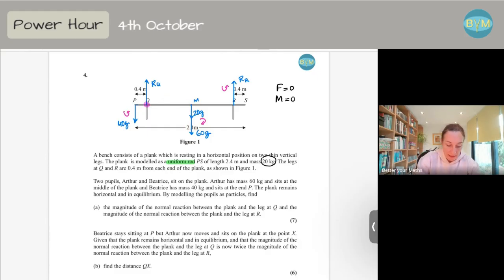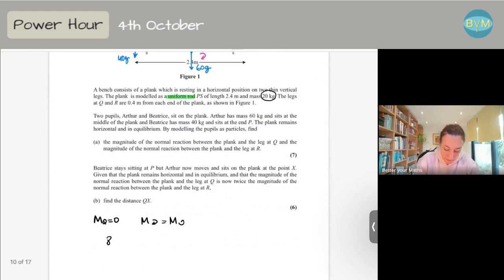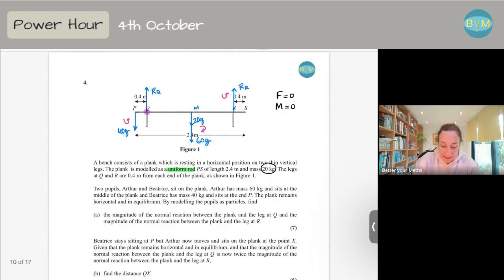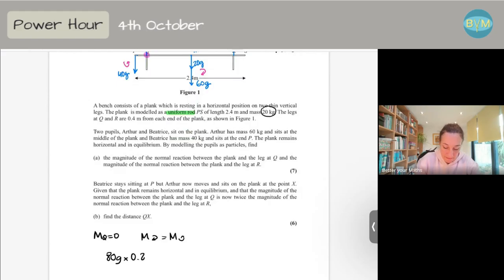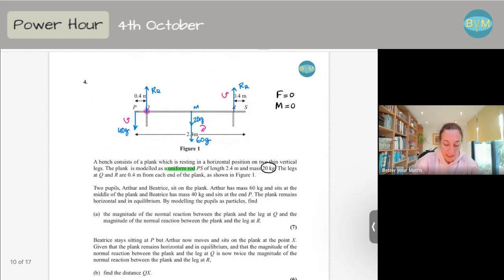The force is ATG multiplied by this distance. This is the midpoint. This is 1.2, and this is 0.4. So this is going to be 0.8. ATG multiplied by 0.8 is going to be equal to the anti-clockwise moment, which is this one and this one.